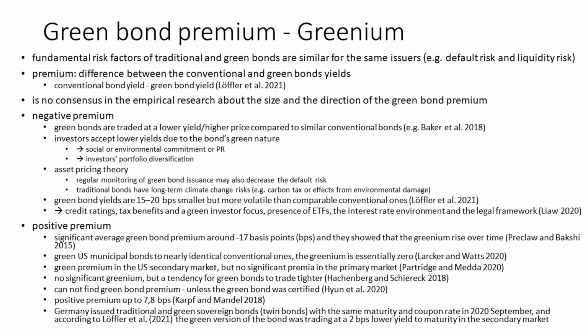Okay, green bond premium. After defining the premium, which is everywhere on the bond market, and especially after talking about the term premium and also the difference between the sovereign premium among countries or between private and sovereign entities, we should add also the green bond premium.